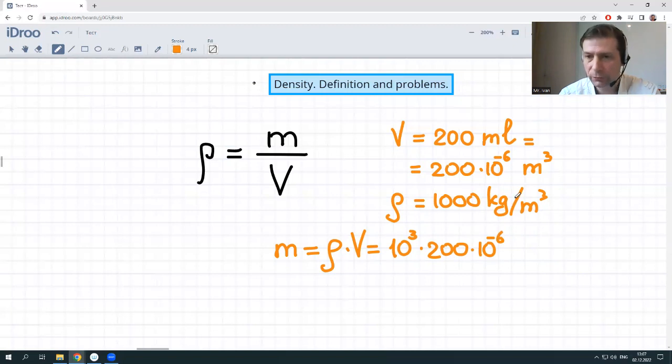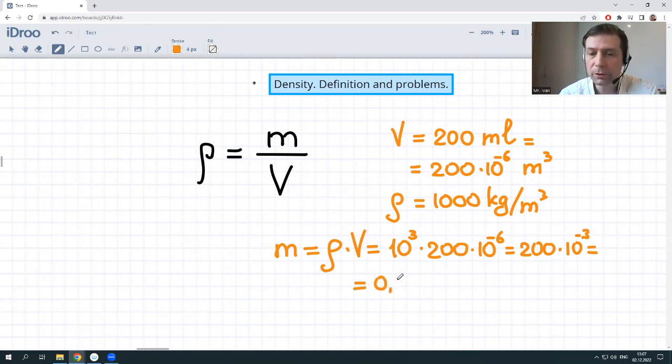Obviously, we'll get kilos if we multiply kilos over cubic meters times cubic meters. Then we'll get 200 times 10 to the negative 3rd power, which as a result is 0.2 kilos, or 200 grams. That's the weight of a glass of water. Hopefully you understand it perfectly.